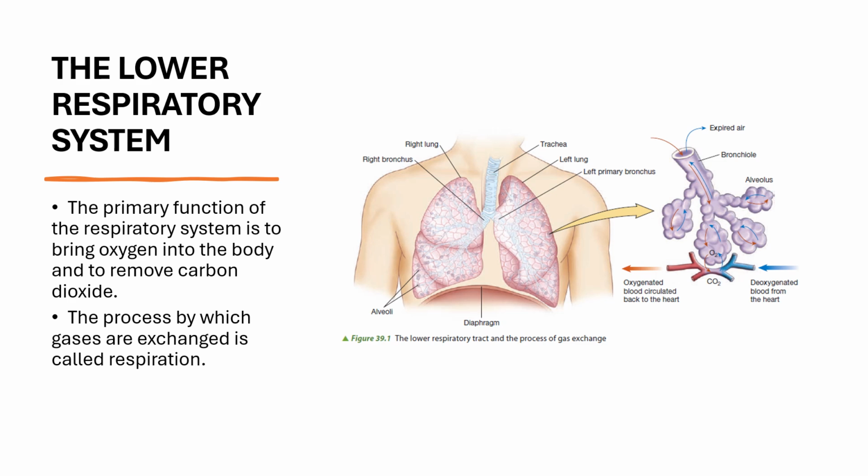Bronchodilation opens the lumen, allowing air to enter the lungs more freely. So, it increases the supply of oxygen to the body's tissues. Bronchoconstriction closes the lumen, resulting in less airflow.